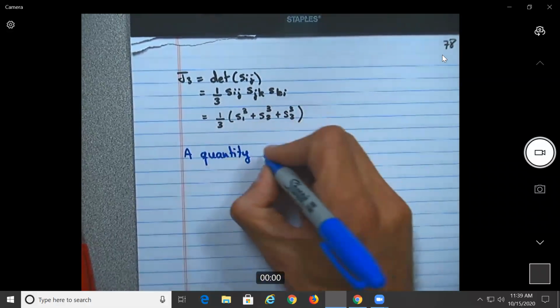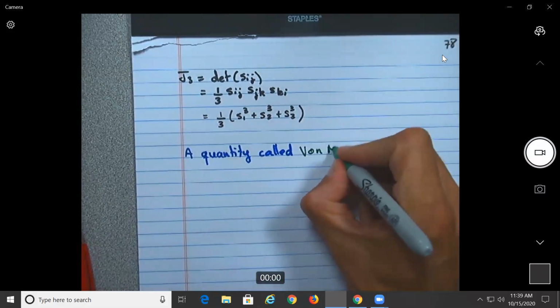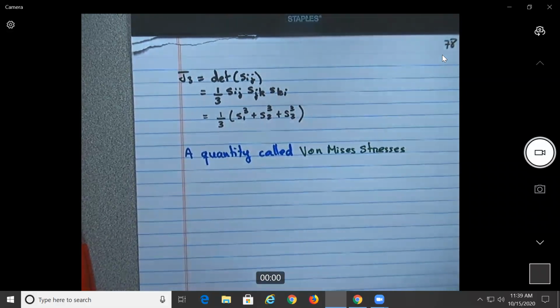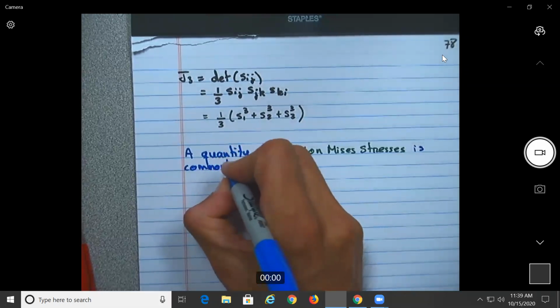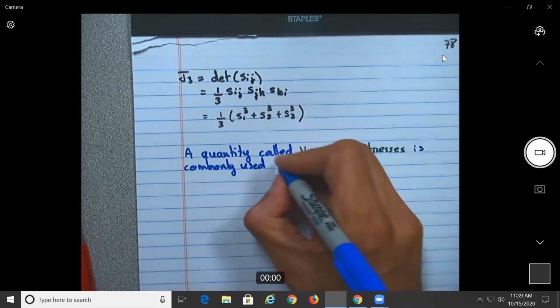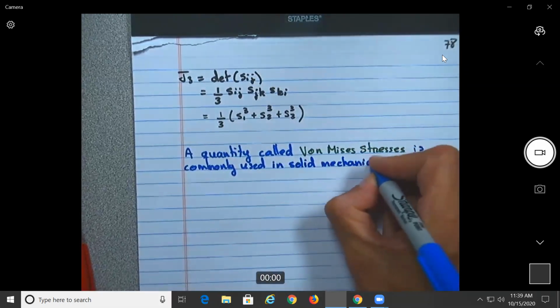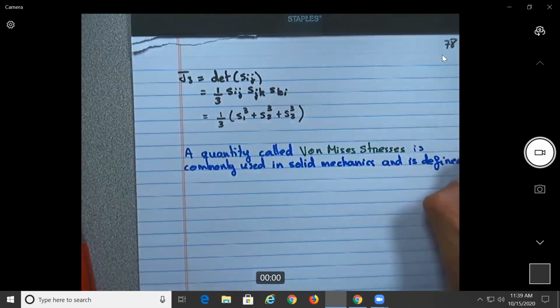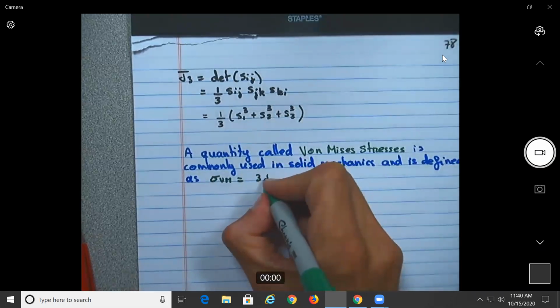A quantity called von Mises stress is commonly used in solid mechanics and is defined as sigma von Mises equal to the square root of 3J2.